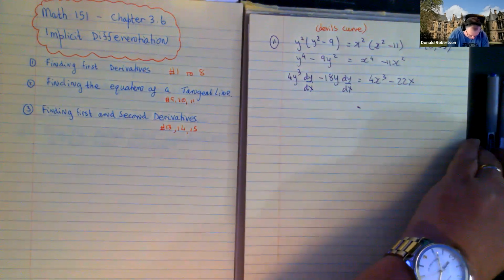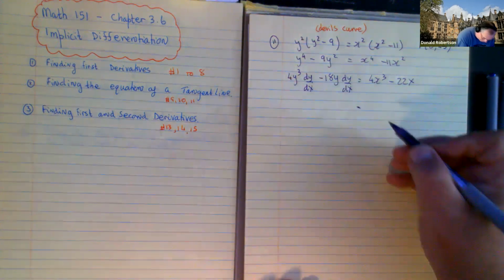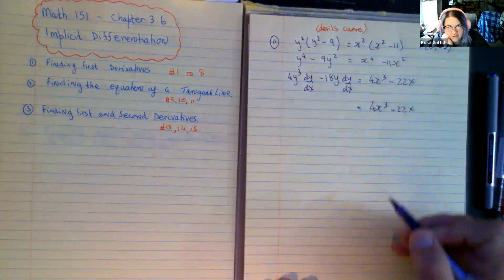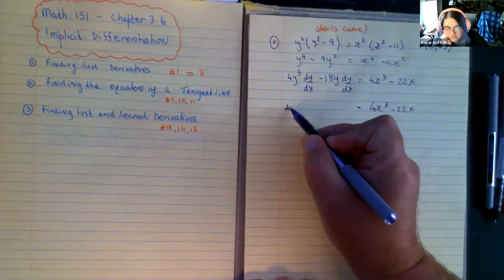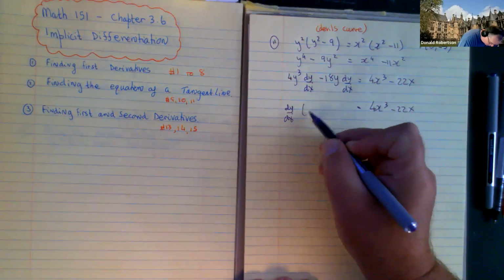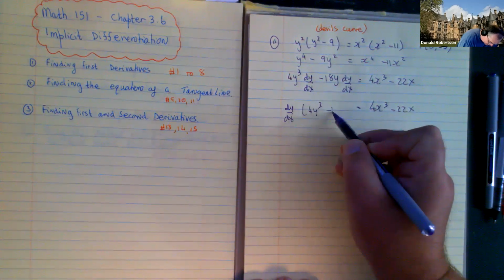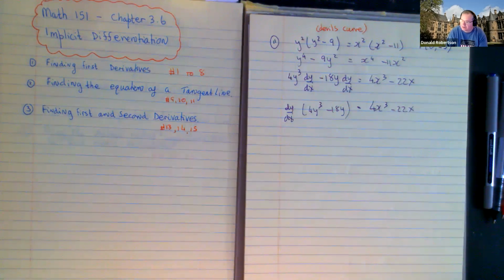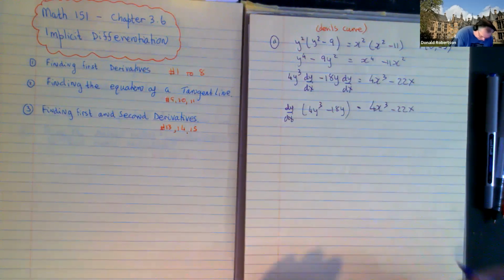What should I do next? That's pretty standard. What should I do on the left? Factor out dy by dx. Have you noticed that that line where you factor out the dy by dx is kind of guaranteed to happen in these questions, just the way the math works? You're going to probably have to do that.